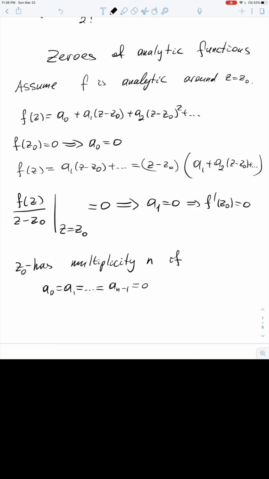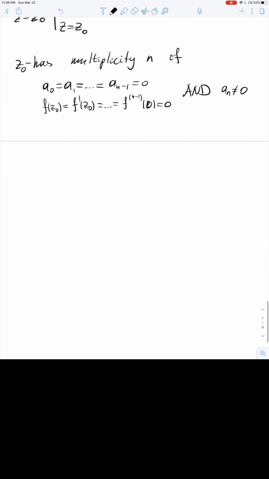Or this means that f of z0 is equal to f prime of z0 equal to and so on equal to the (n minus 1)th derivative of f at z0 is 0, and I should add, so multiplicity exactly n. It means that the nth coefficient is not 0 anymore. Otherwise, it would have multiplicity n plus 1.